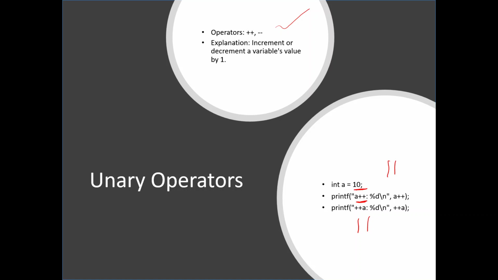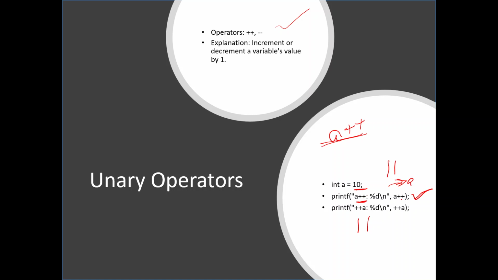No, I haven't done it right. What I say is, a plus plus is the post-increment, which means where it is written, it will first execute, then increase the value of a. Here a plus plus means we cannot increase the value of a until we execute this statement. So what is the value of a in this statement? 10.